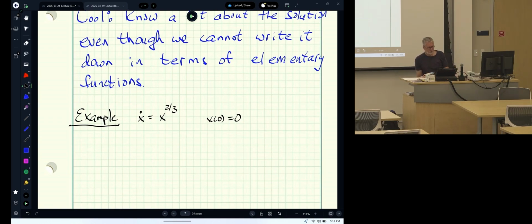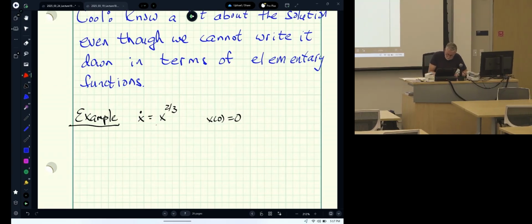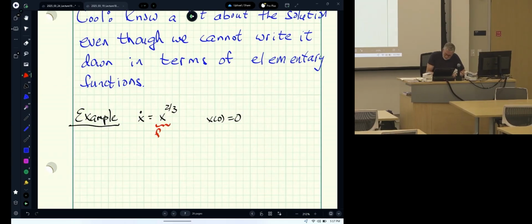Okay, so this is the equation that has an infinite number of solutions. So we would expect that there's a problem here, okay? Let's just check. So here's f of x.